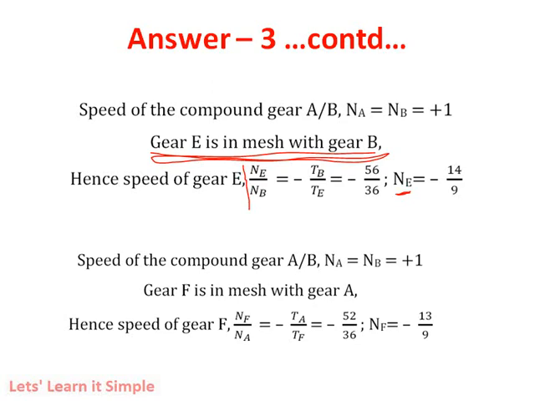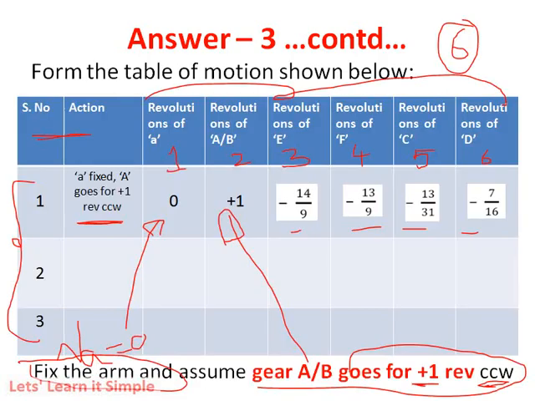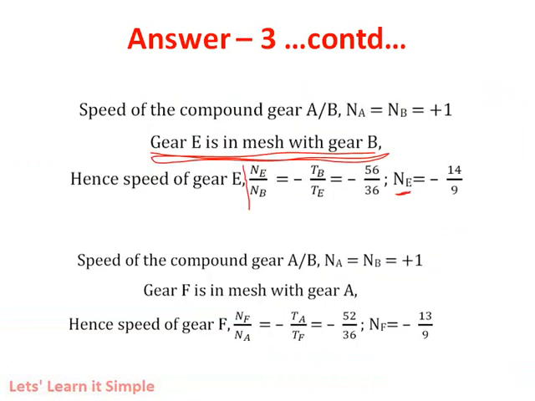Now, from the table of motion, we can see gear AB is plus 1, that is, the speed of gear AB is assumed as plus 1. Therefore, the speed of gear B as well as the speed of gear A is taken as 1. This will come here.